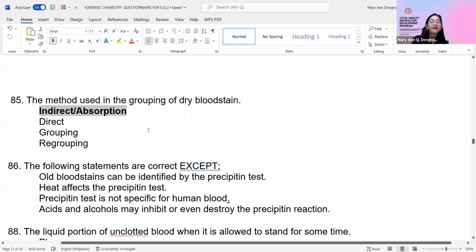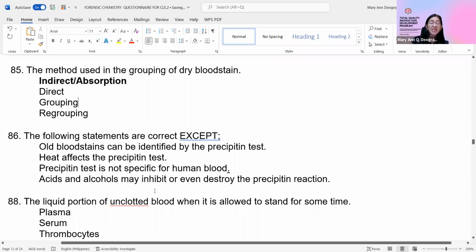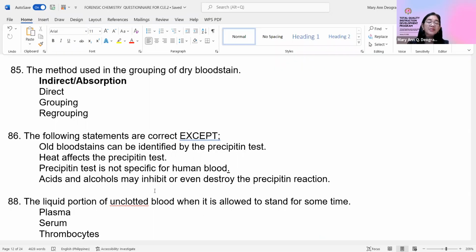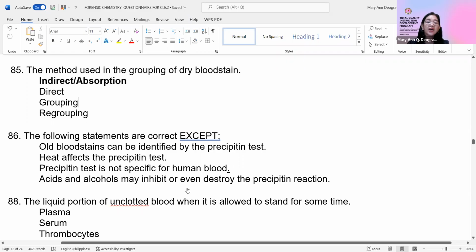Oh, this one. The following statements are correct except: all blood stains can be identified by the precipitin test. Heat affects precipitin test. Precipitin test is not specific for human blood. Acids and alcohols may inhibit or even destroy the precipitin reaction.